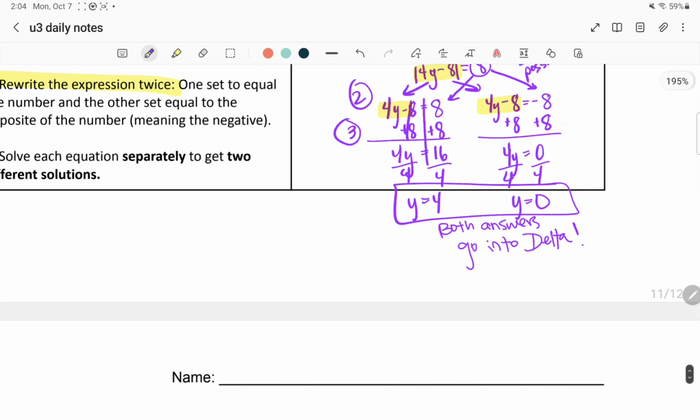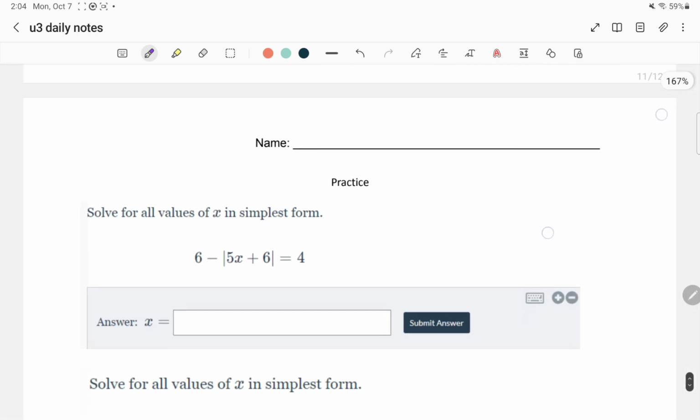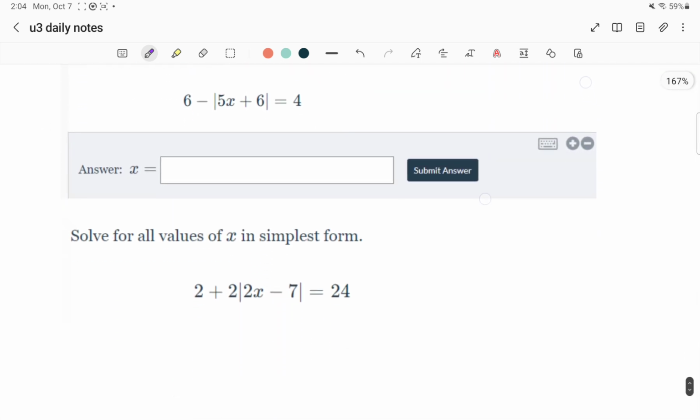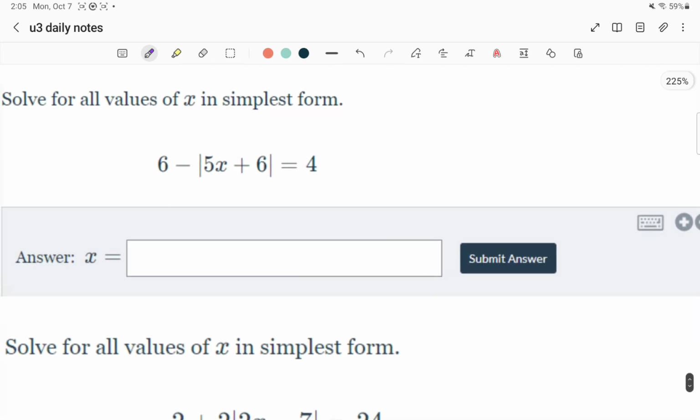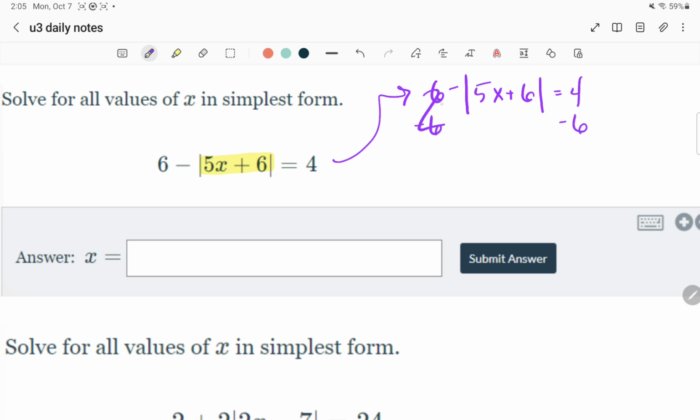Okay, let's try it out one more time, or a few more times. Step 1 is I need to get this piece by itself. I'm going to rewrite it over here so that I have more room. So I'm going to minus 6 from both sides.